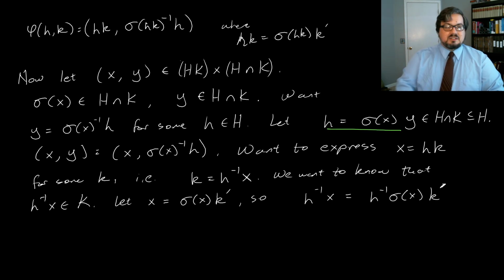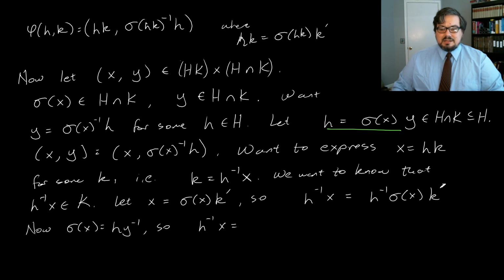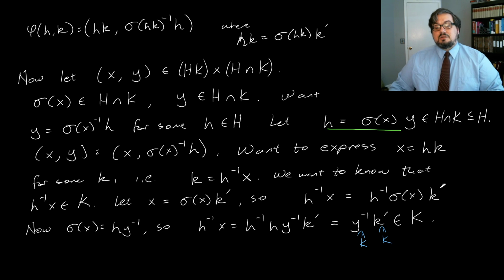So if we take this expression up here and solve for sigma of x, we have that sigma of x is equal to h times y inverse. So that means that h inverse x is equal to h inverse times h y inverse times k prime. Now h inverse times h is the identity. So we get that this is y inverse times k prime. Now we have that y inverse belongs to K because y belonged to K, and k prime, of course, belongs to K. That was part of how we constructed it, which both belongs to K.